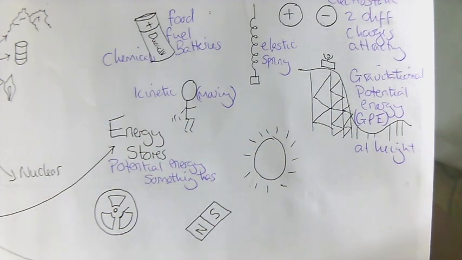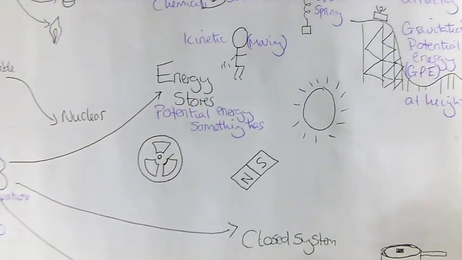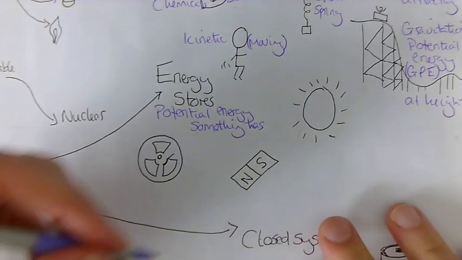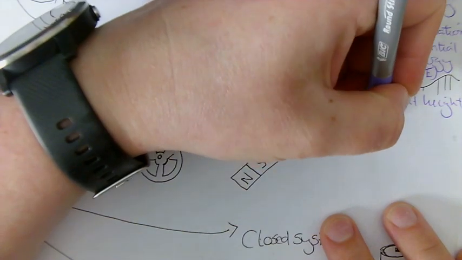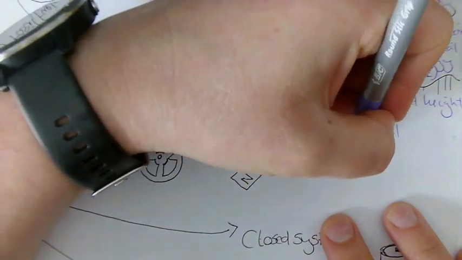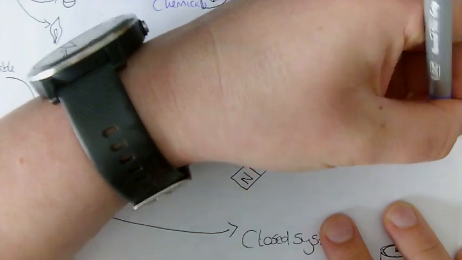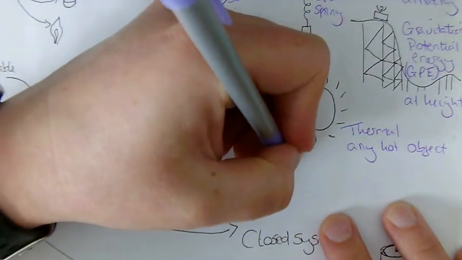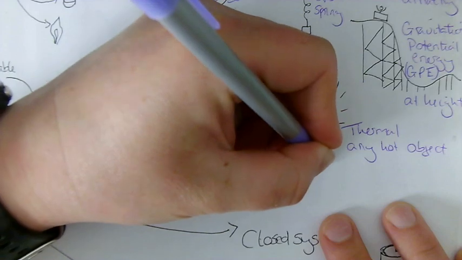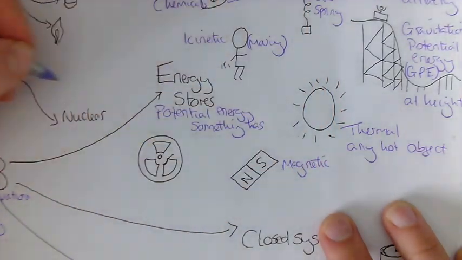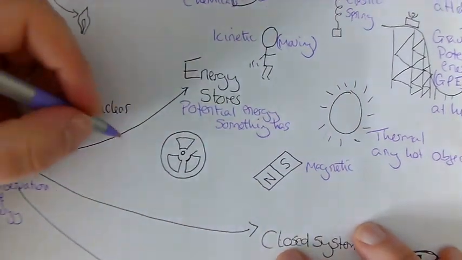The other couple we have are down here. We've got thermal. So any hot object. We've got magnetic. And we've got nuclear.